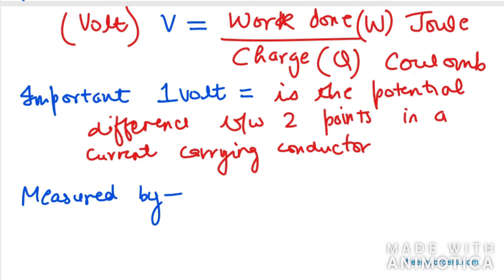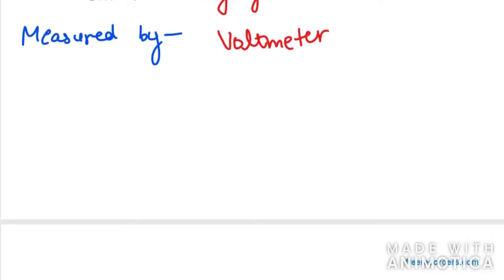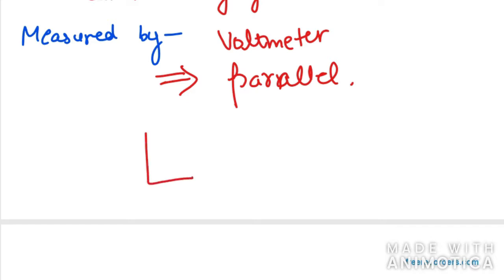Then, how to measure potential difference? To measure potential difference, you need to use a voltmeter. A voltmeter is used to measure potential difference and it is always connected in parallel. In the case of an ammeter, we connect it in series and this voltmeter is connected in parallel. Let me tell you how to connect it.